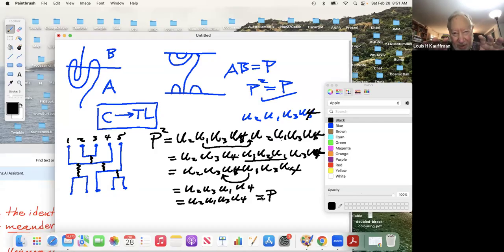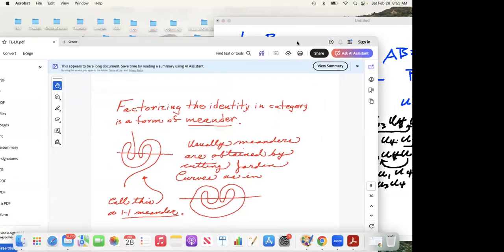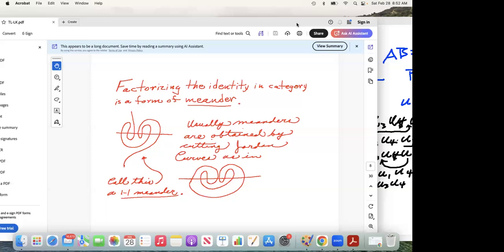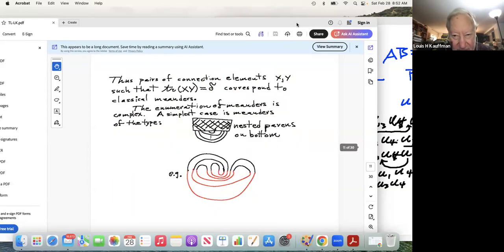If you go up to the category related to connections, then what's going on is very clear. But to enumerate them is to enumerate meanders, and that's hard. So I think that's interesting, and that's the main point. By the way, don't you have idempotents which are linear combinations, not just... Yeah, we'll get to that. All right. So let's skip this.